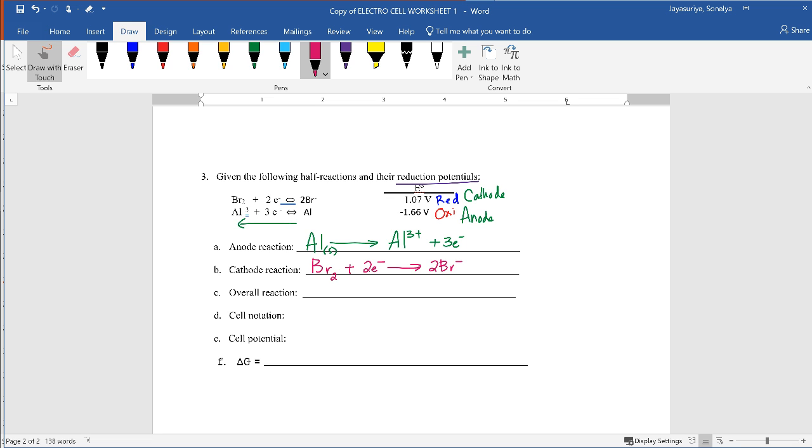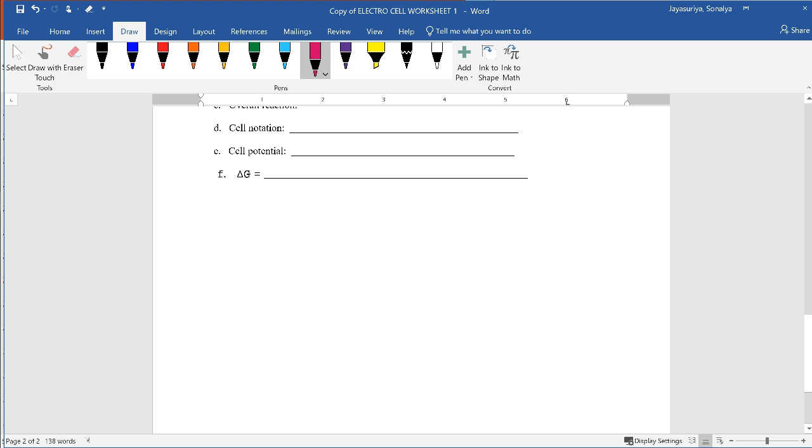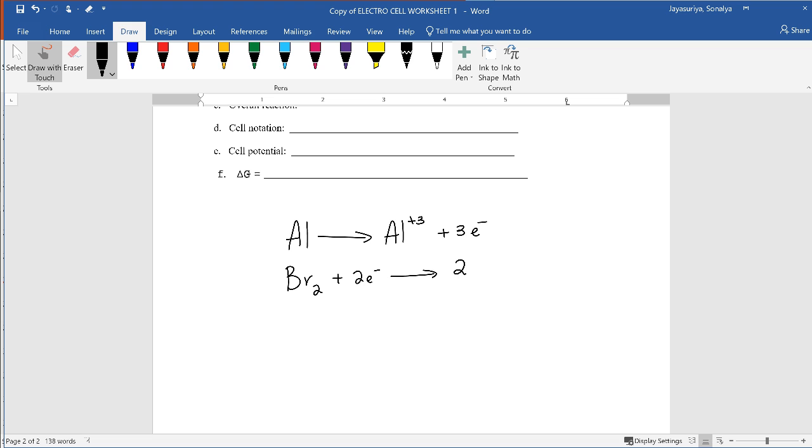Now, the overall reaction, you have to do a bit of work for it, right? Because you have to balance the charges and the number of electrons. Bromine is only using 2 and aluminum is using 3, which means we have to do a bit of work here. So Al is going to Al 3 plus plus 3 electrons, and Br2 plus 2 electrons is going to 2Br minus. We have to find a common number for 3 and 2. That's going to be 6, right?